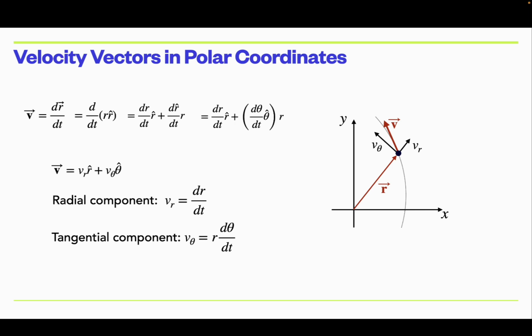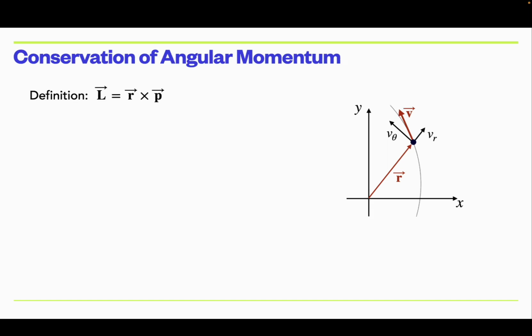And the tangential component, v theta, must just equal r times d theta dt. We're just setting this term, v theta times theta hat, equal to this. Again, this should look familiar. The tangential or linear velocity of something in rigid body rotation is just r times the angular velocity.